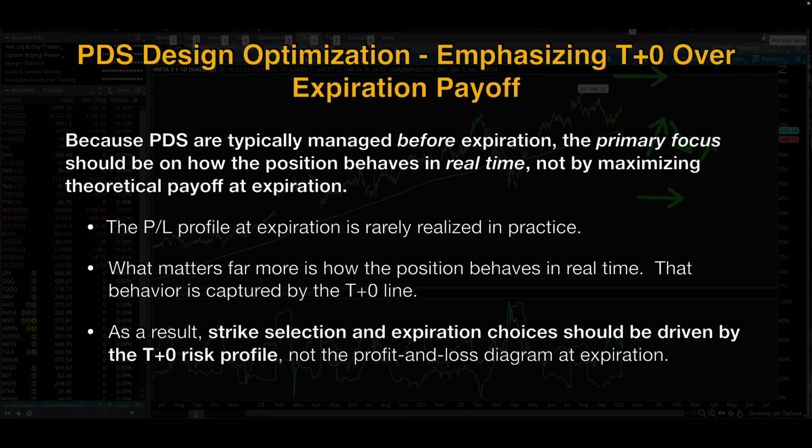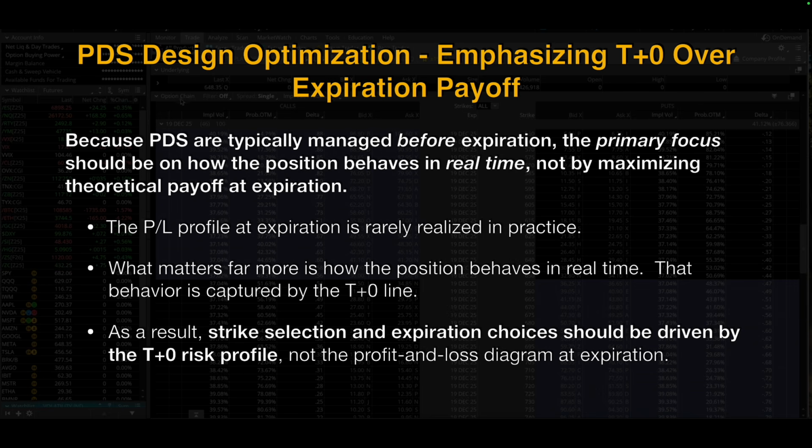Okay, so let's move forward with this discussion based on design optimization as it relates to strike selection and expiration choices. Because put debit spreads are typically managed before expiration, the primary focus should be on how the position behaves in real time and not by maximizing theoretical payoff at expiration.